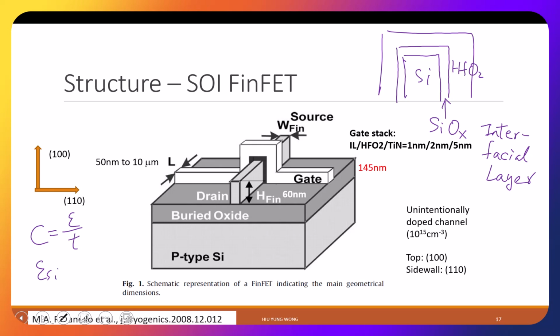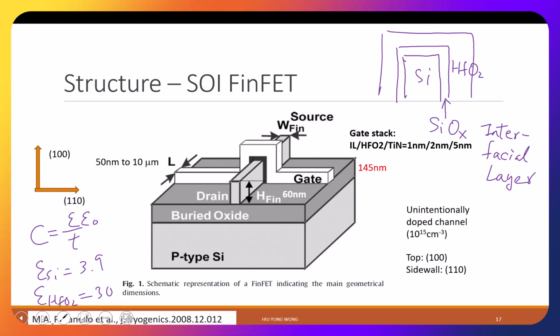Epsilon of silicon dioxide, of course, I can also put the vacuum one, just make it relative permittivity, per unit area. It is 3.9. Hafnium dioxide depends on your chemistry, but we can say approximately 30. So if I have the same thickness, my capacitance increases by 7 times.